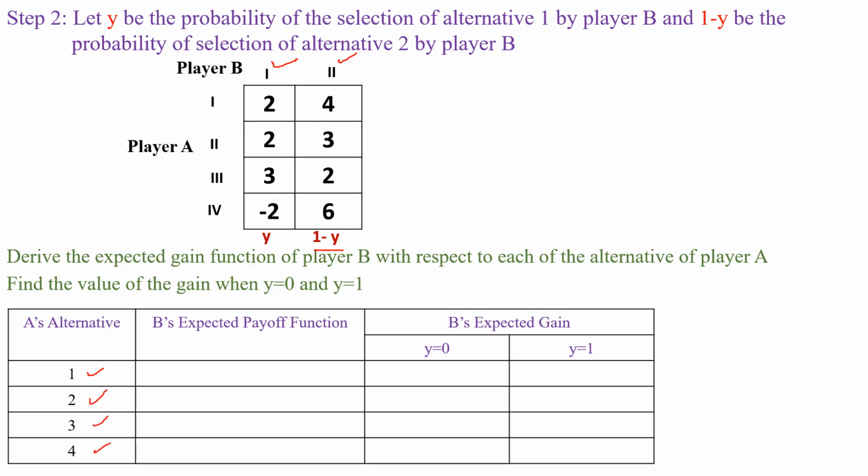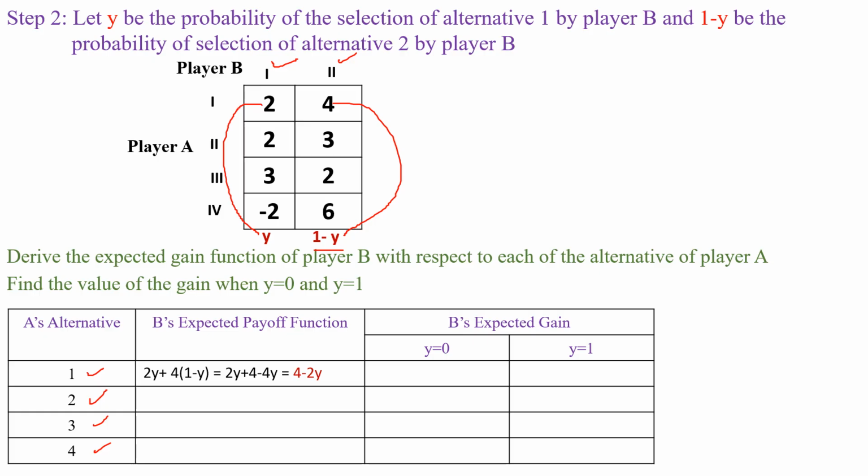Next we look at the second column, that is B's expected payoff function. We have to express the payoff values in terms of y. In the first row, B's expected payoff function will be 2 into y plus 4 into 1 minus y, which is equal to 4 minus 2y.